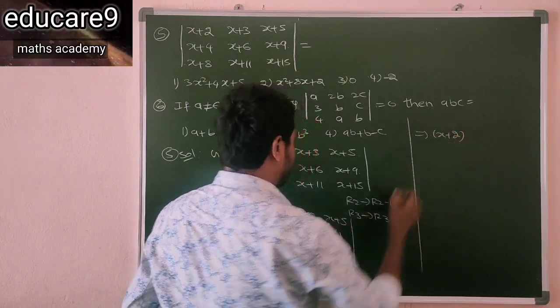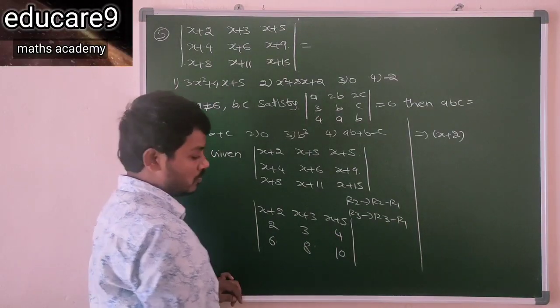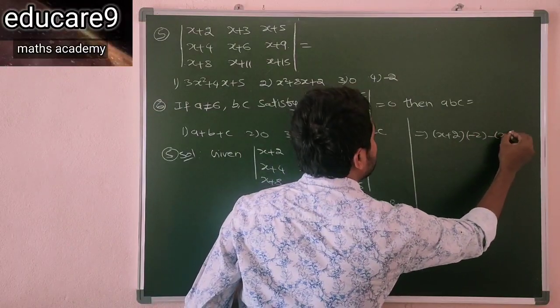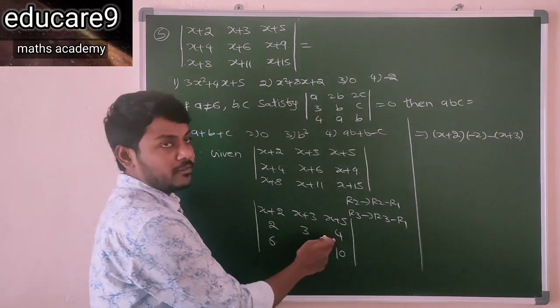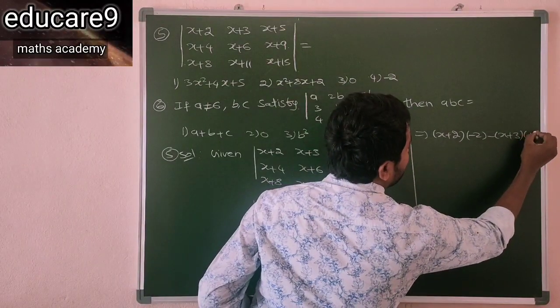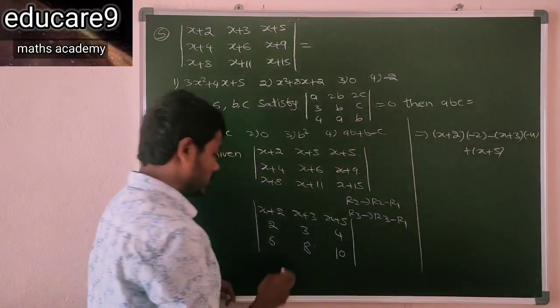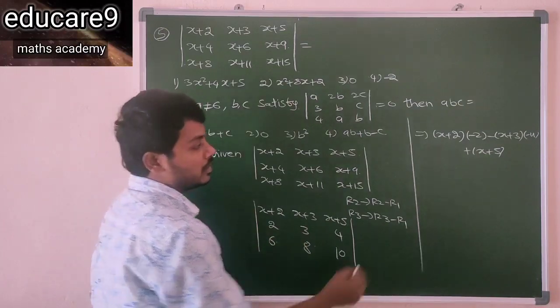X plus 2 into 30 minus 32, that is minus 2. So minus x plus 3 into 20 minus 24, that is minus 4, plus x plus 5 into 16 minus 18, that is minus 2.